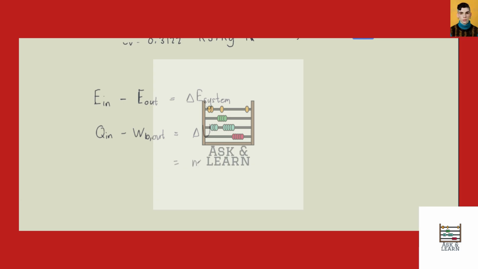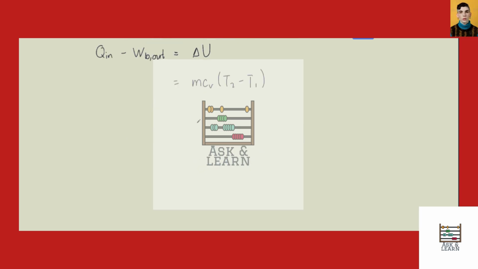And so we can write delta U as m Cv times a change in temperature, T2 minus T1. So before we can use this equation, we need to find this boundary work. So we'll use the boundary work relation for a polytropic process of an ideal gas.